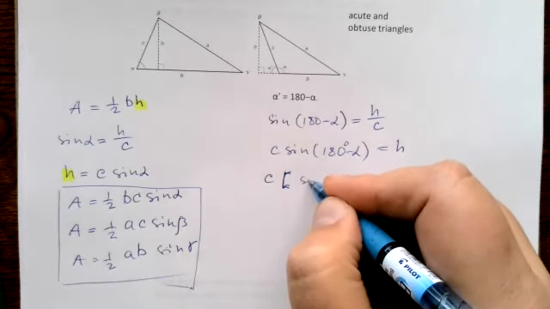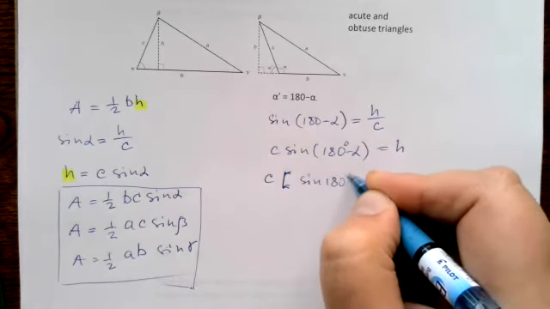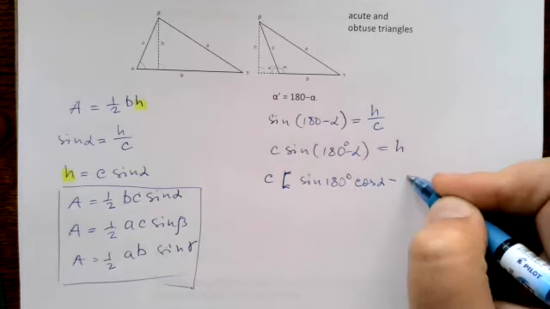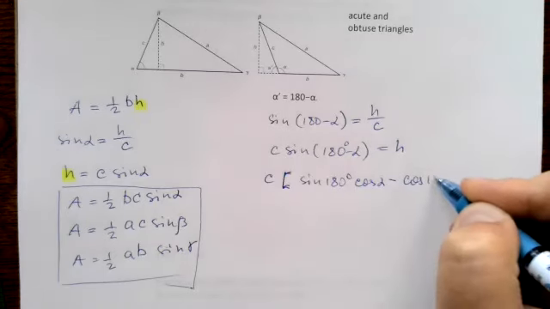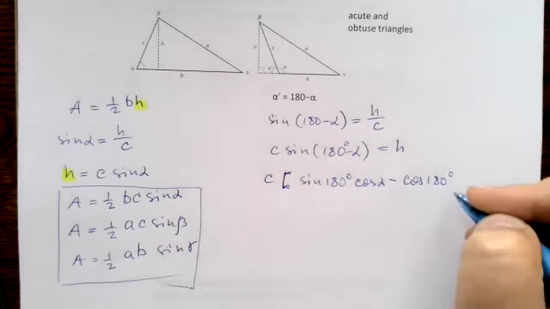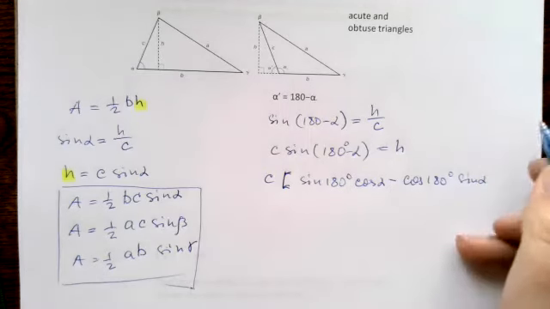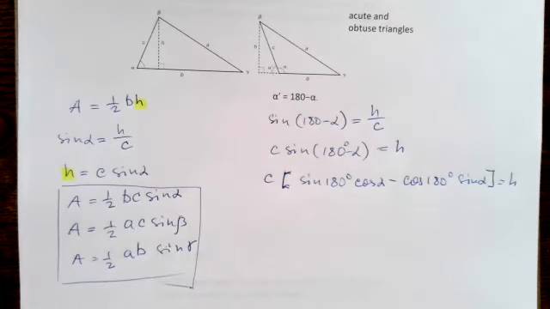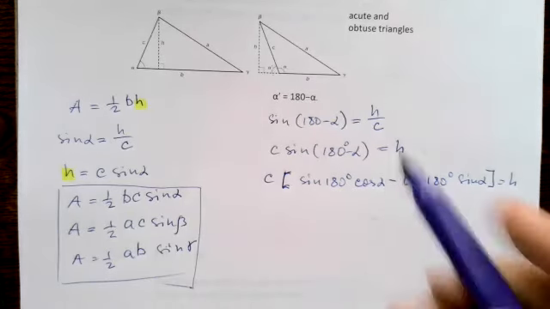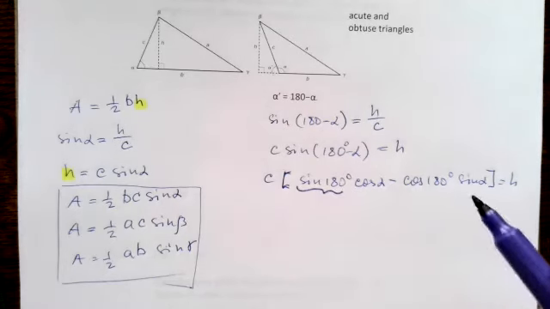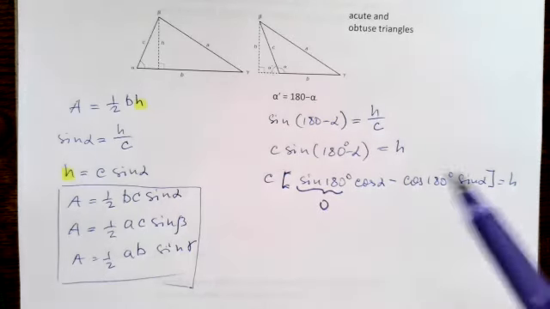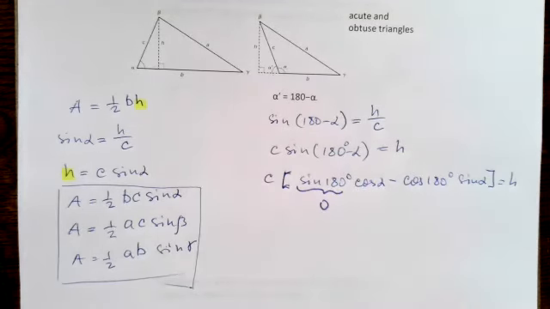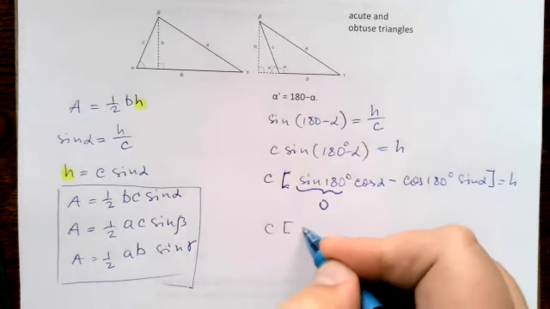So I'm going to get sine 180 cosine alpha minus cosine 180 times sine alpha equals h. Now, what do we know about sine of 180 degrees? That's 0. And 0 multiplied by anything is 0.